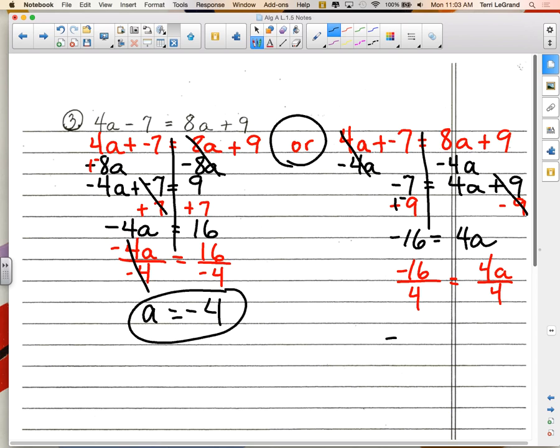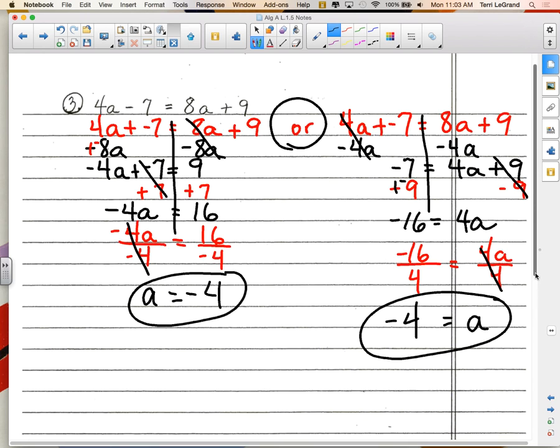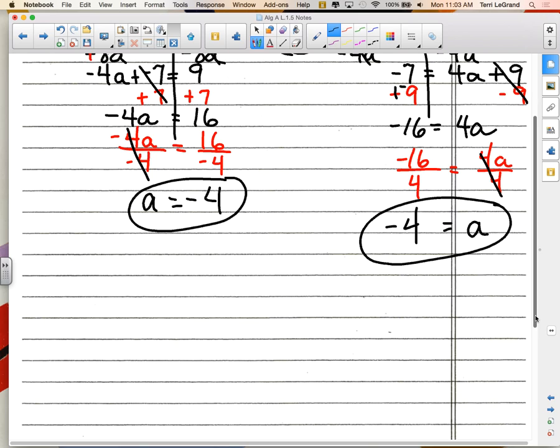Negative 16 divided by 4. So we get a negative 4. And over here we get a. We get the same answer. These two can trade places, and it's really exactly the same thing.